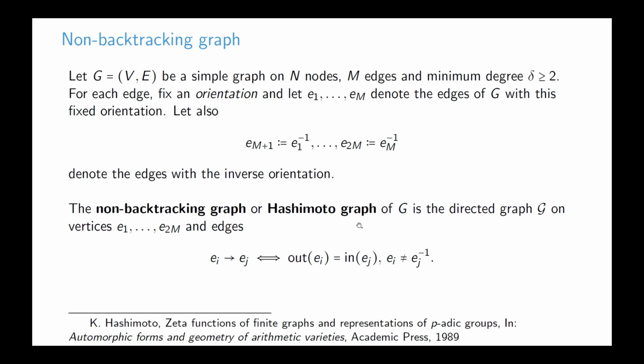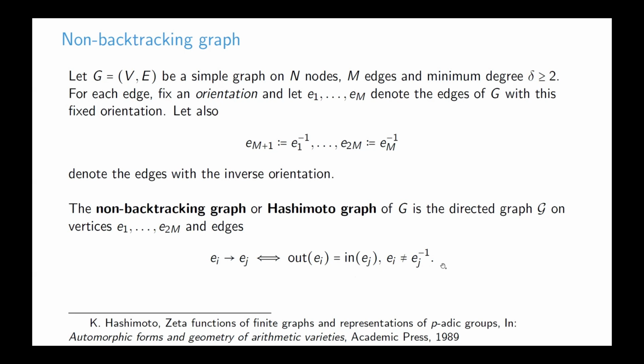So it's defined in this way. It is a directed graph whose vertices are the oriented edges of our original graph. So it has 2m vertices that are these oriented edges. And then we have a directed edge from Ei to Ej if and only if the output of Ei is equal to the input of Ej and they are not inverse of each other.